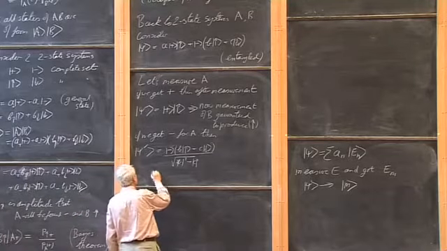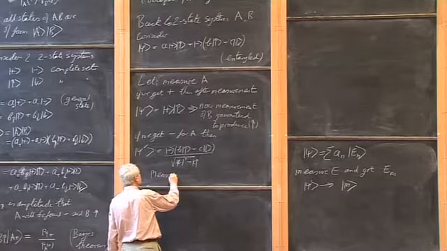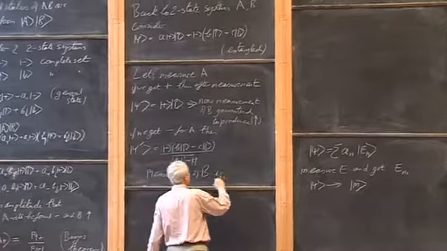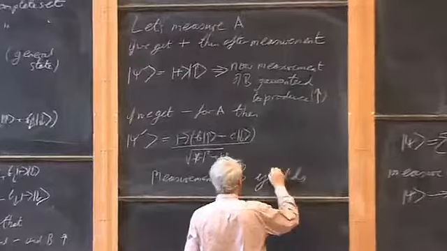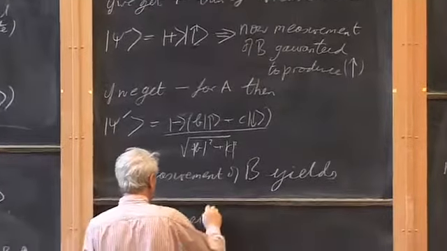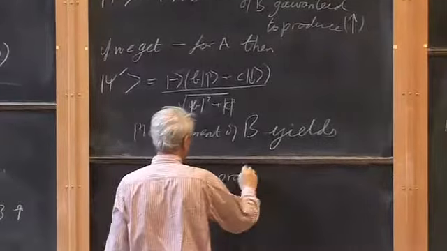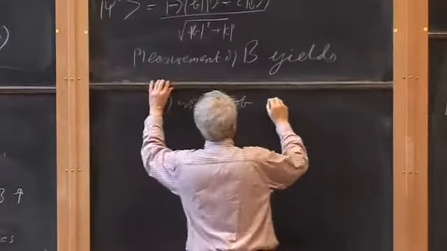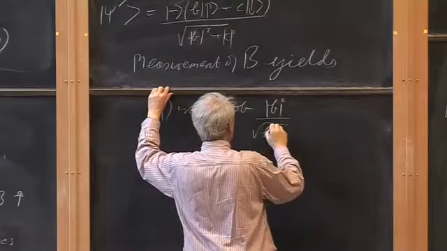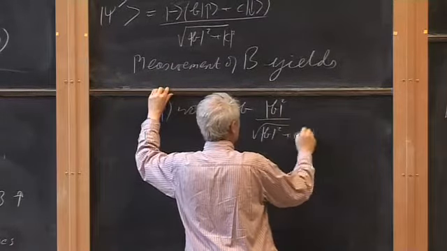So now measurement of B yields, for example, up with probability B squared over the square root of B squared plus C squared.